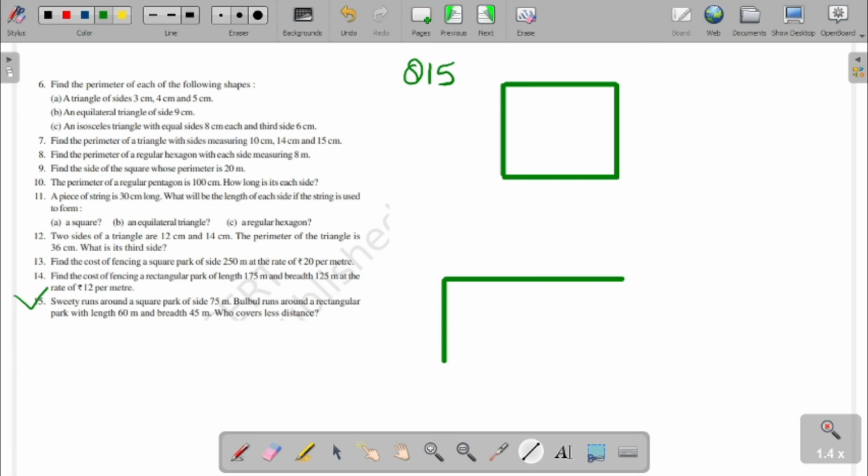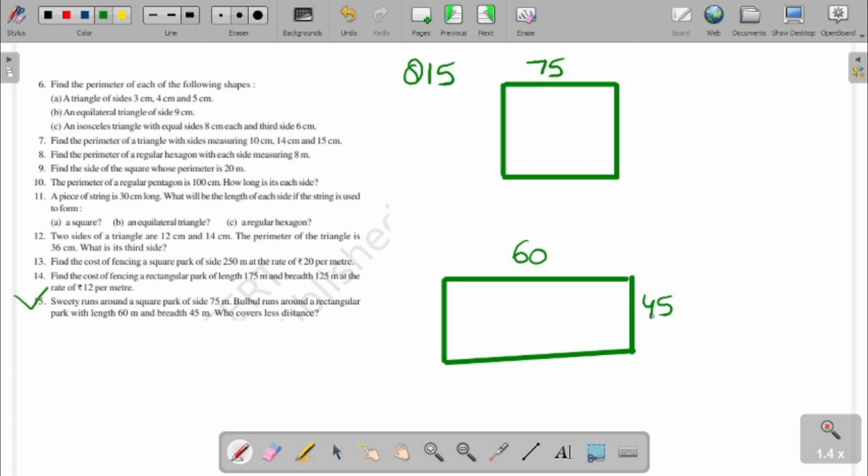Rectangular park is like this, in the shape of a rectangle. Then what is given? Square park, the side is 75, or in rectangle length is 60. Longer side is always length and shorter side is the breadth, 45.